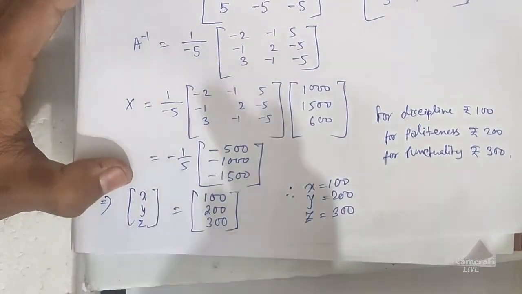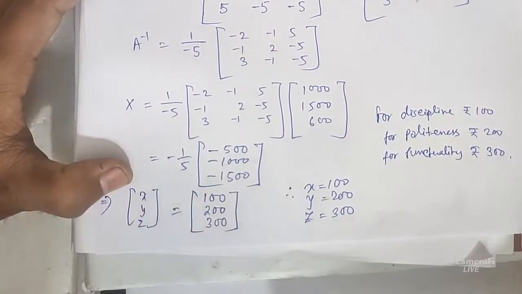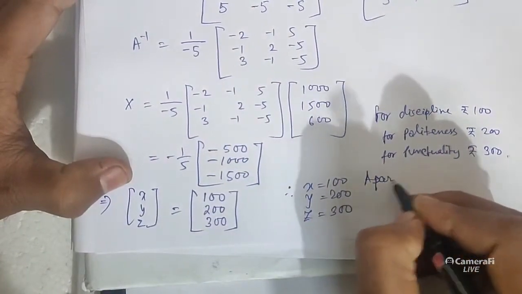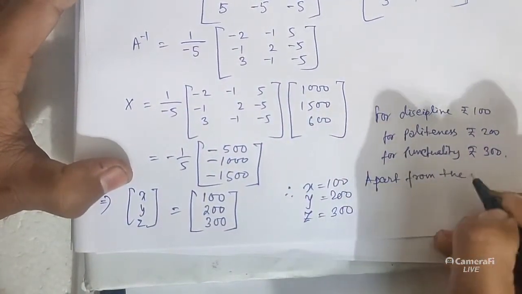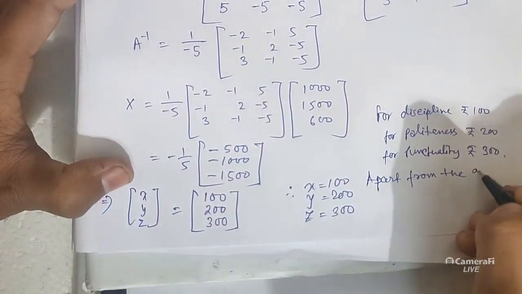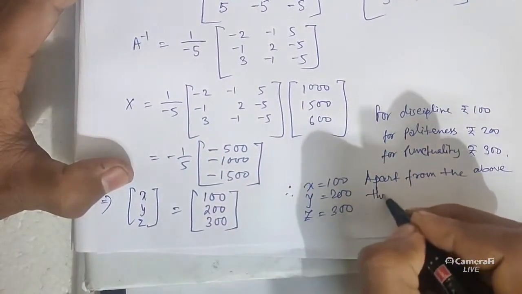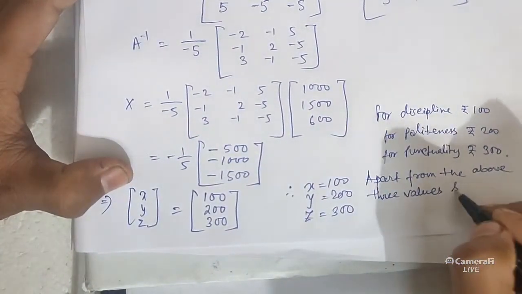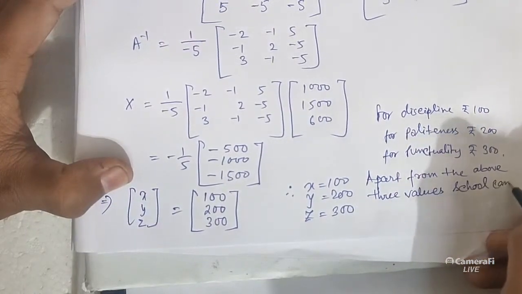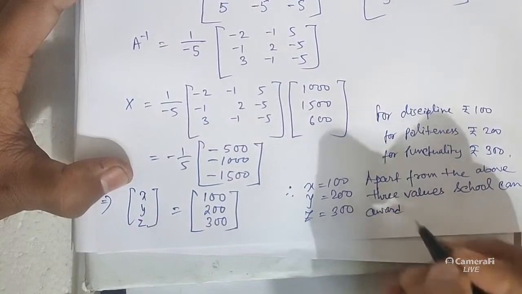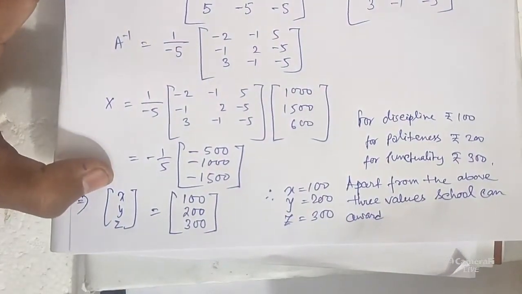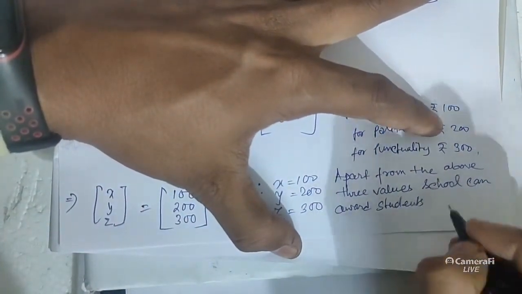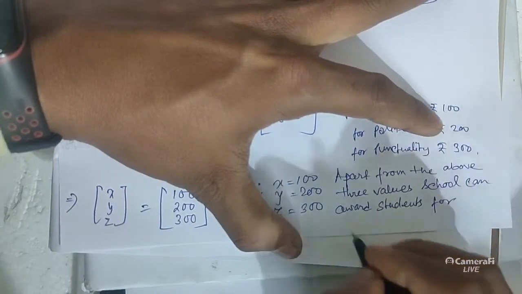Next part, you have to say one more value for students. You can say sincerity. So apart from the above three values, the school can award students for sincerity.